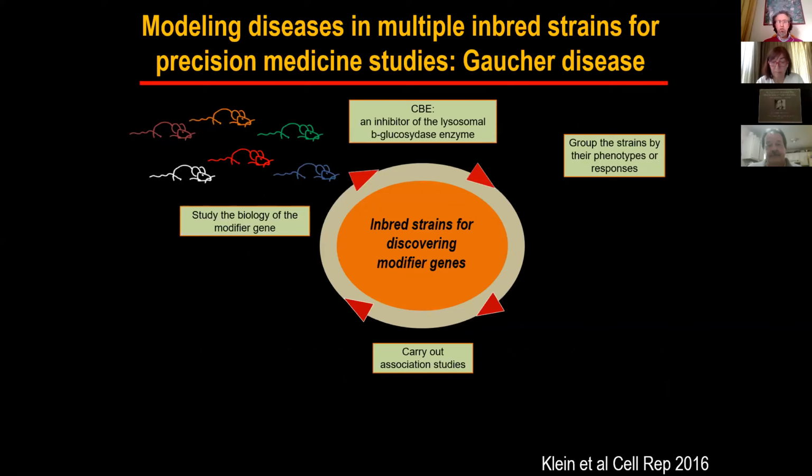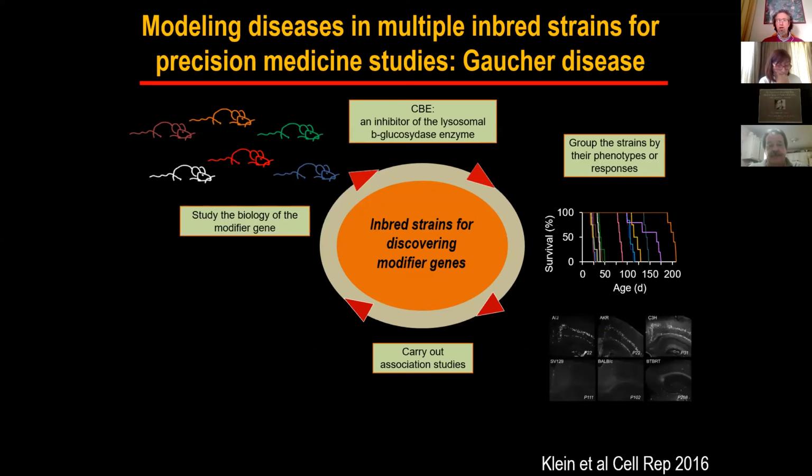So let me tell you, the strategy works. These are results from my postdoc, where I was chemically inducing Gaucher disease in 15 different inbred mouse strains. I started to phenotype the different strains, and what happened was really remarkable.